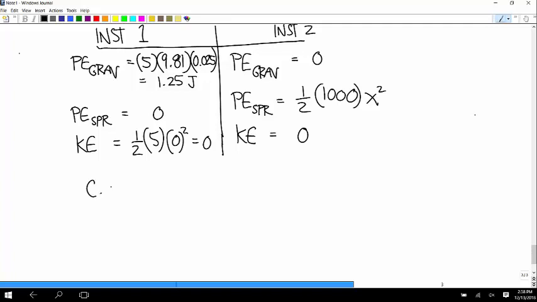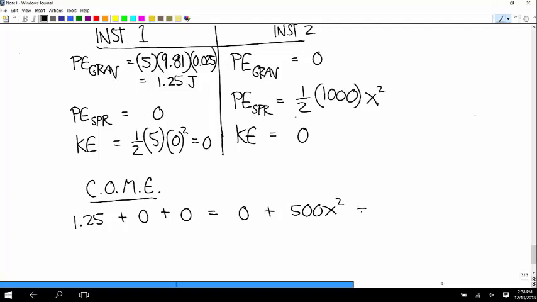So conservation of mechanical energy says 1.25 plus 0 is equal to 0 plus 500x squared plus 0.